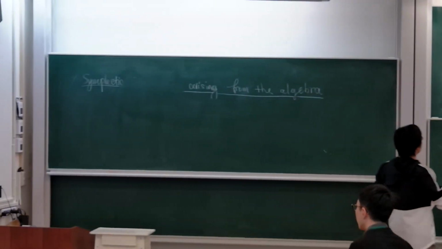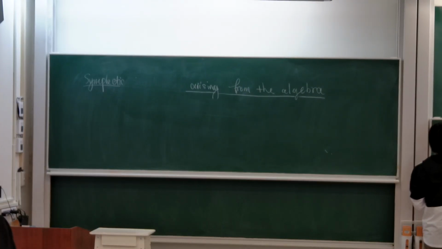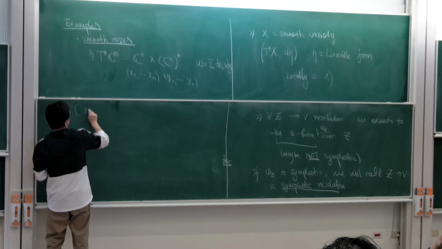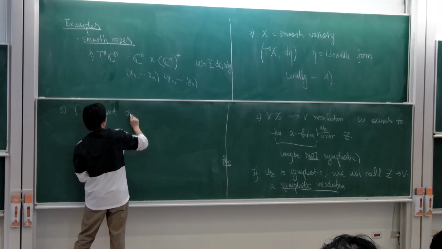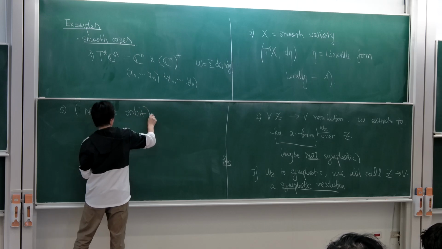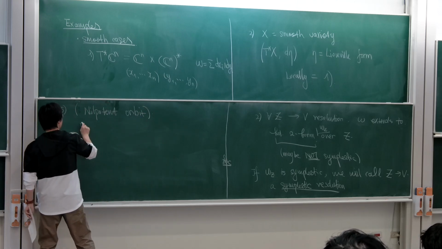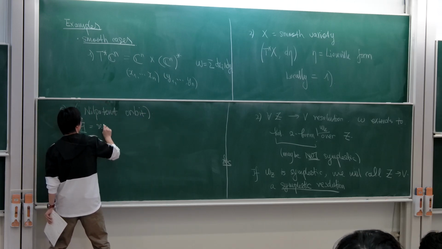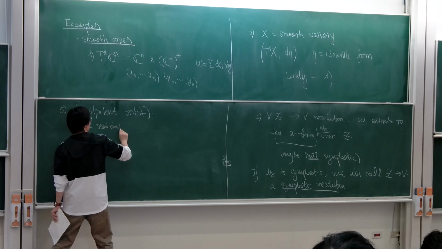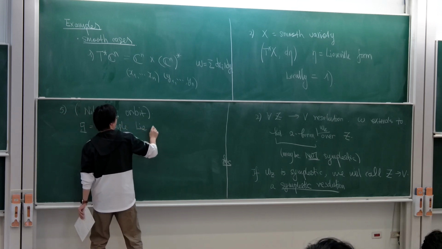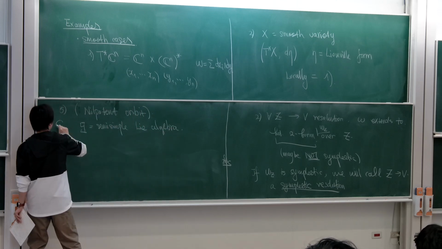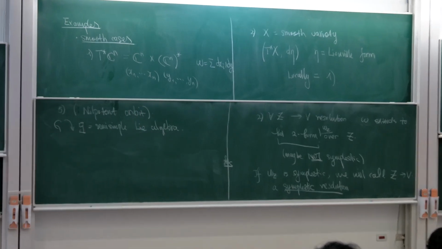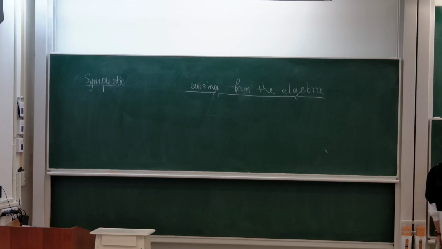Another example I want to talk about is the so-called nilpotent orbit. You take any semisimple Lie algebra g, and you consider the adjoint action of G over this Lie algebra, and take any nilpotent orbit.